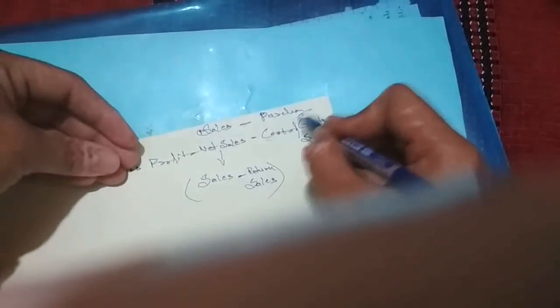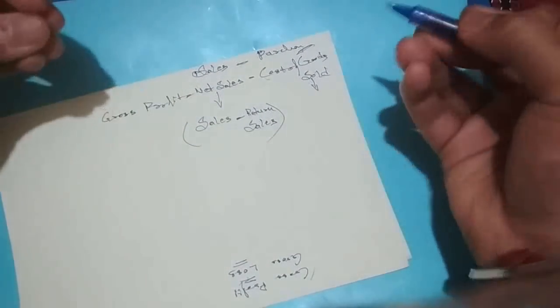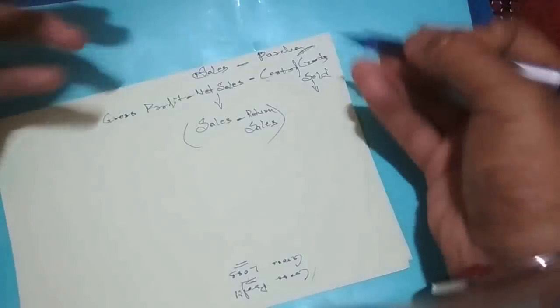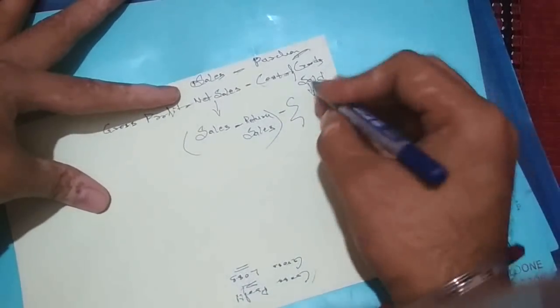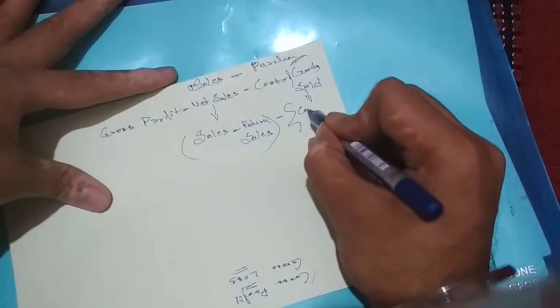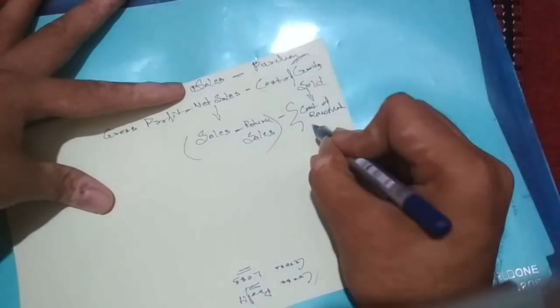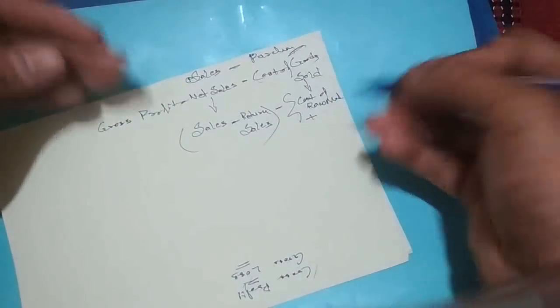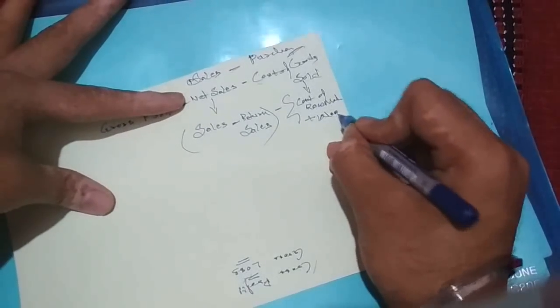And what is the cost of goods sold? As I told you, purchase of the raw materials is the cost of goods sold, but other things are also taken into concern. The cost of goods sold is the cost of raw materials plus the electricity spent in the production of the goods, or the wages or the salaries.